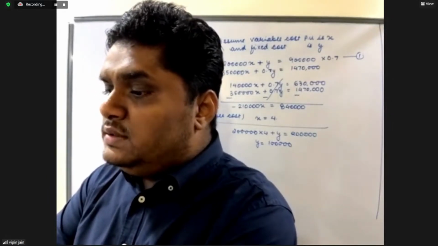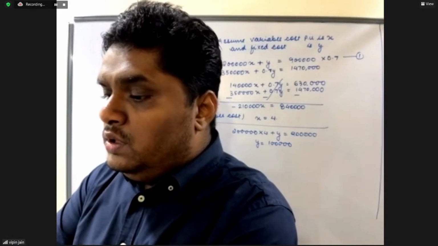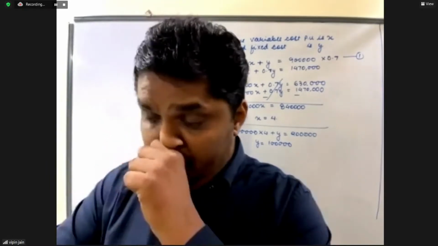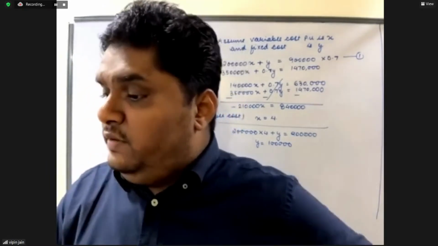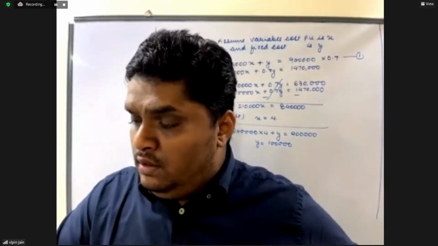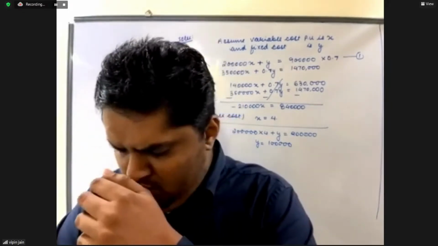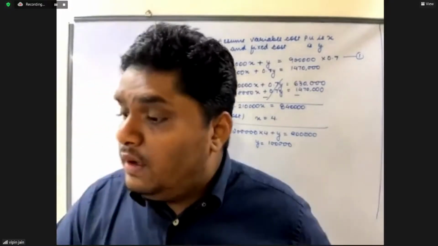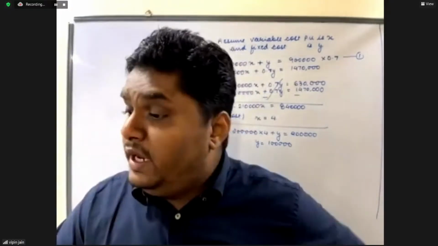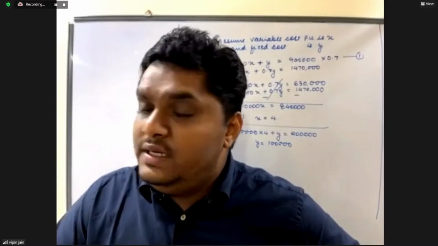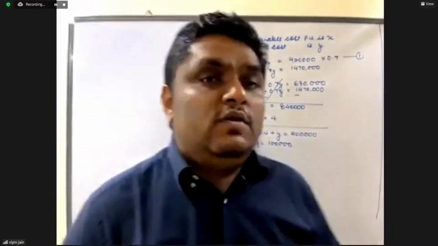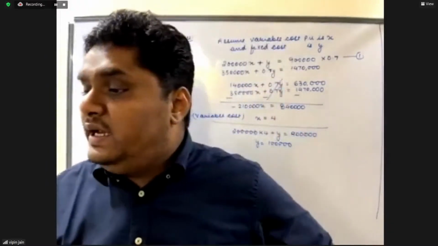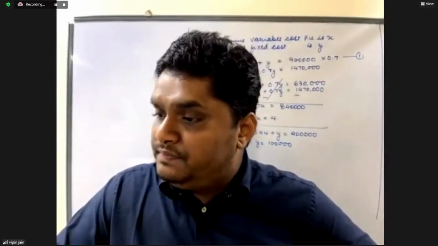Many students posted variable cost as 3.8 and 1,40,000 fixed cost, it is incorrect. So for the first year, the fixed cost will be 1 lakh, and for the second year, it will be 70,000.